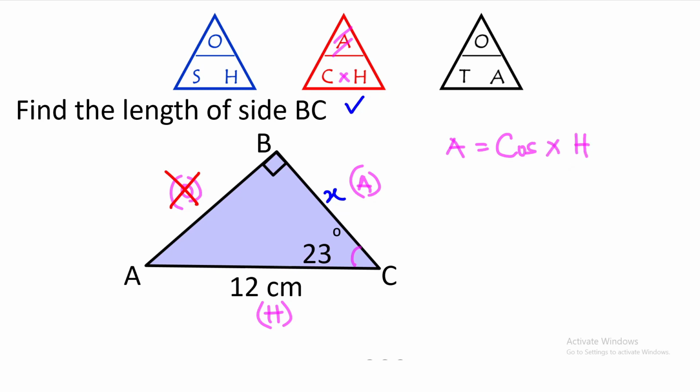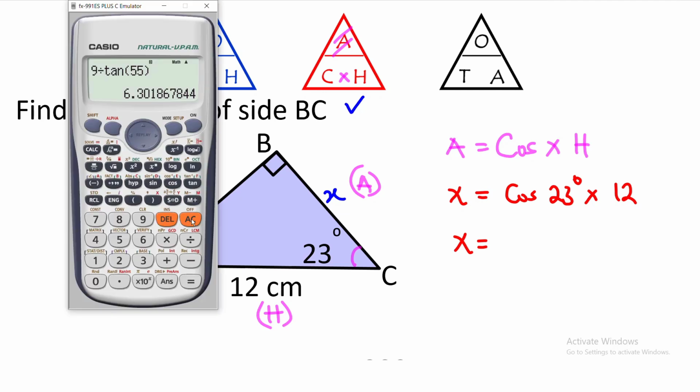So next, we're going to take the actual values of the labeled sides. The adjacent here is x, the side we're looking for. And that equals the cosine of the angle, which is cos 23 degrees, multiplied by the hypotenuse, which is 12 centimeters here. Then we use a calculator: cos 23 degrees and then multiply that by 12.